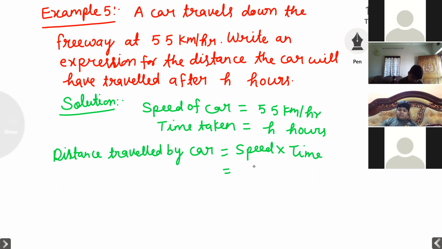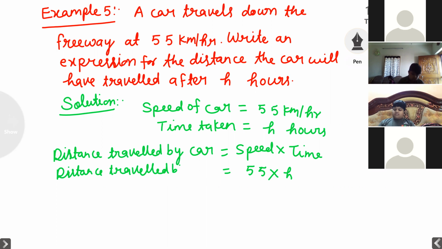Speed he has given 55 and time he has given h. Answer is 55h. Distance traveled by car equals 55h.